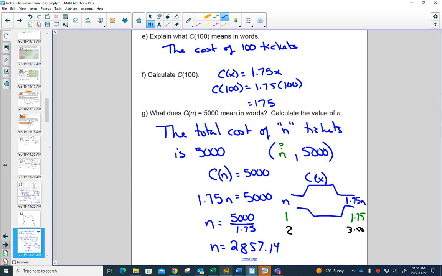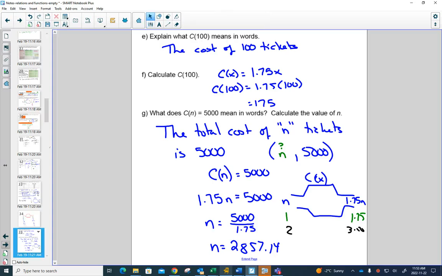What does that tell us? Can you sell 2,857.14 tickets? No. If you sold 2,857, you'd be very close to $5,000. Be 25 cents short.